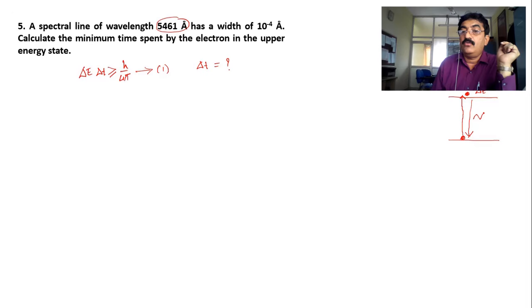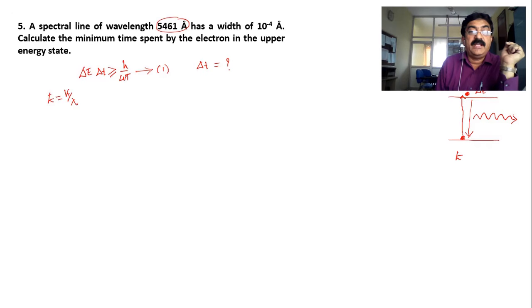During their downward journey, energy is emitted in the form of wavelength. That energy is given by E is equal to hc by lambda. So we know E is equal to hc by lambda, which implies lambda is equal to hc by E.